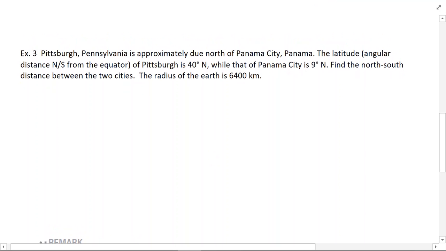So while it doesn't seem like it at the beginning, this is in fact an arc length problem. We know that we have the Earth as a circle. We're going to have Pittsburgh, Pennsylvania up here at 40 degrees north, and we have Panama City down here at 9 degrees north.